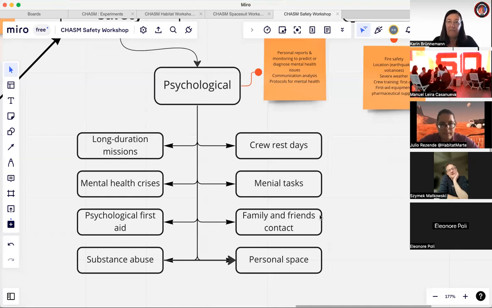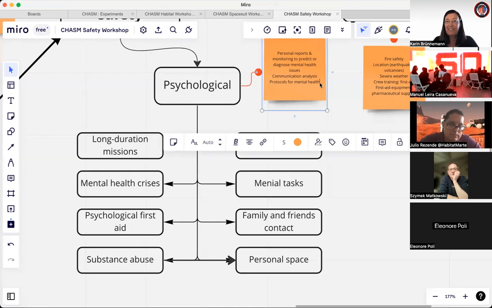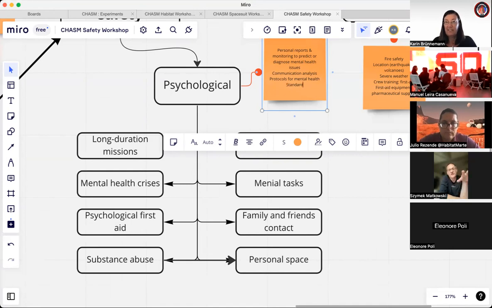Yeah, I was in Piwa when I was talking to Manuel. We were discussing that it would be very good to have common standards on all the parts of running the habitat and running the missions. Running the habitat is a kind of more legal issue, and running the mission is more like simulation.